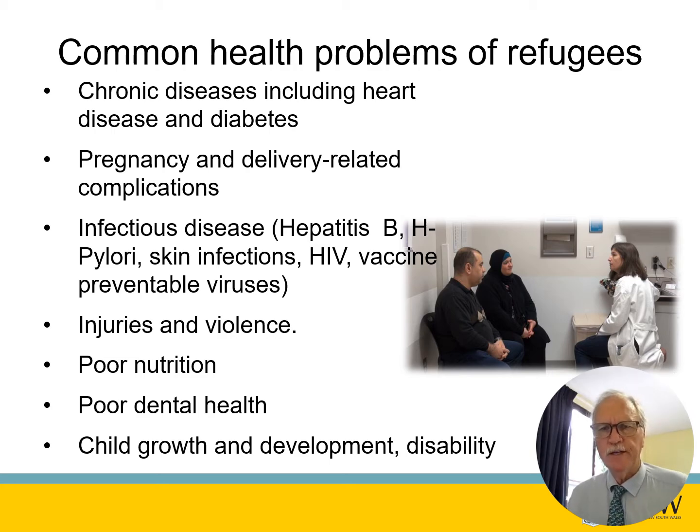There's a range of infectious diseases, particularly things like hepatitis B, an infection of the stomach called H. pylori, which is a bit more common amongst refugees and asylum seekers. Skin infections, like scabies, for example, HIV or the AIDS virus, and vaccine-preventable viruses, particularly if they come from a country where the vaccination programs are not as good as they are in Australia.